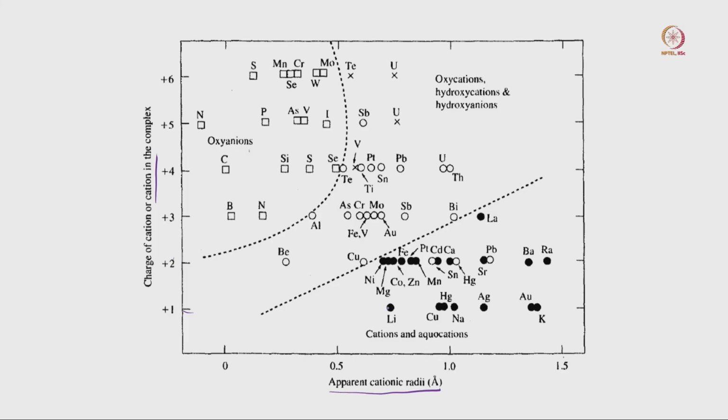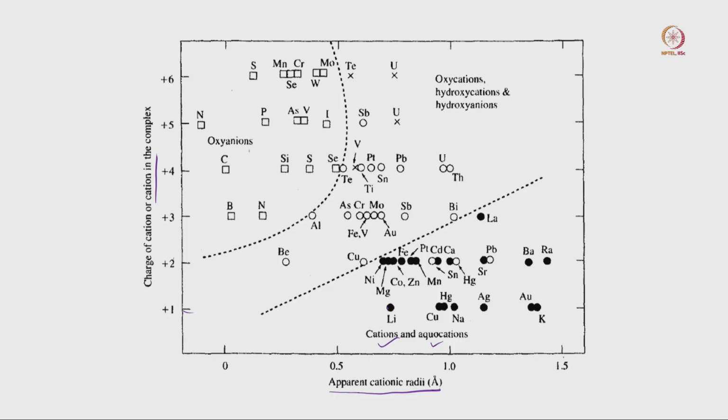Lithium is here, then copper, sodium, silver, gold, potassium, all of these are here. They will generally form cations and aquacations. And this is the stability field for +2 charged.